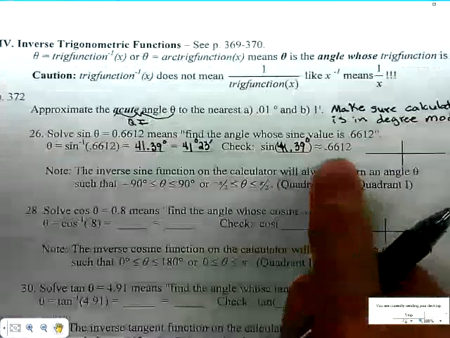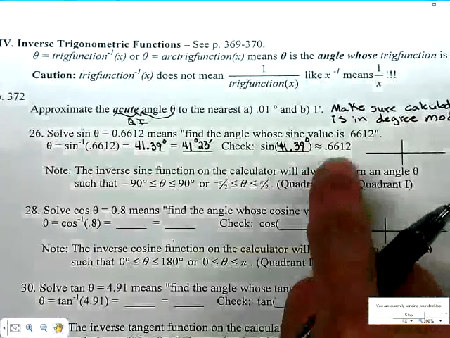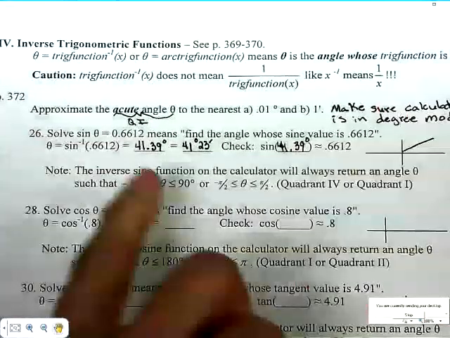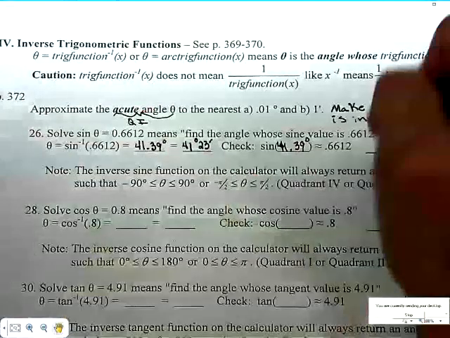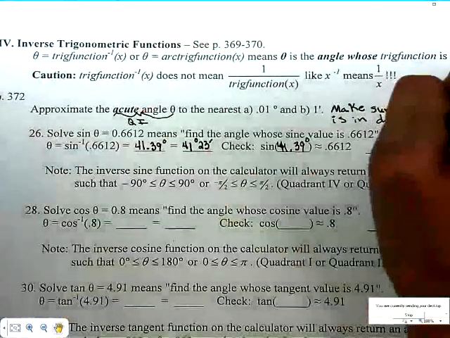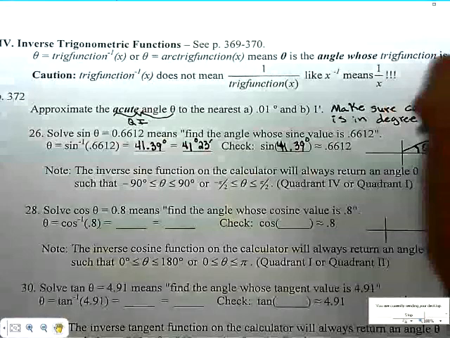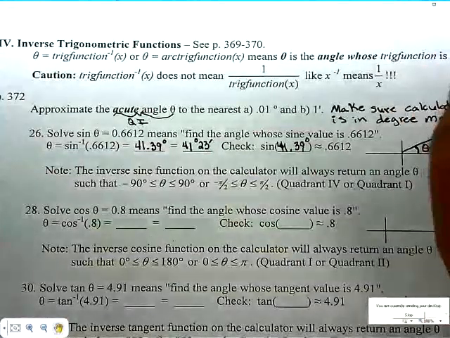And sure enough, I can punch it, and it does. But that's the first quadrant angle, because the direction said find the acute angle. So it's the first quadrant angle, theta, whose y-coordinate is 0.6612.